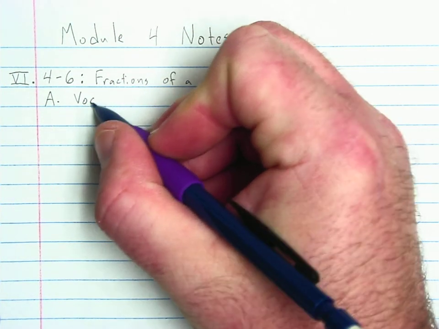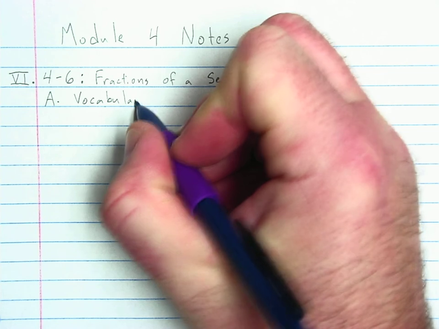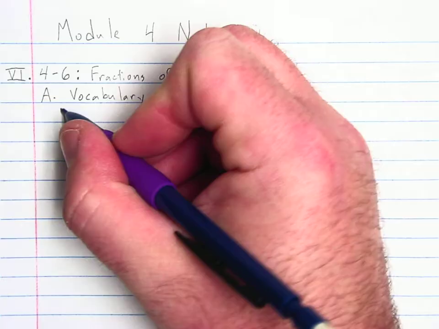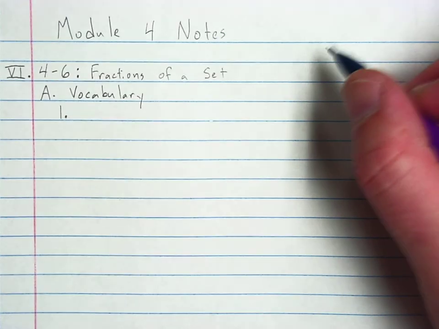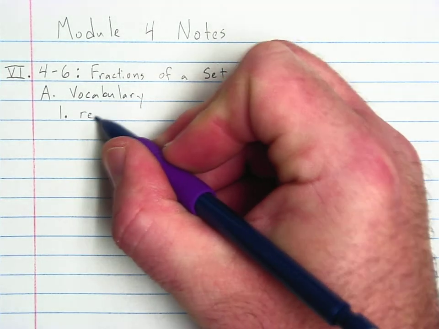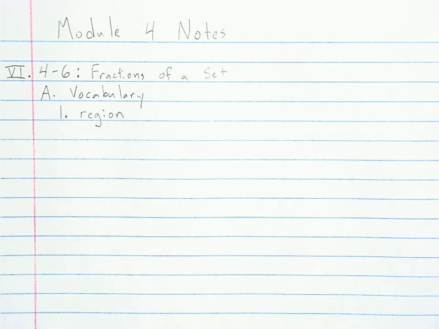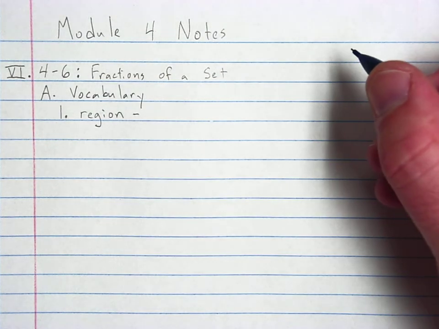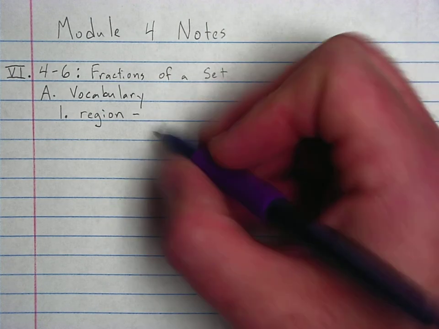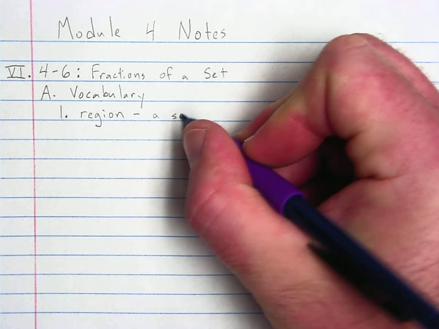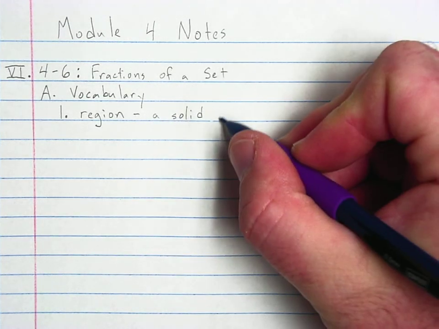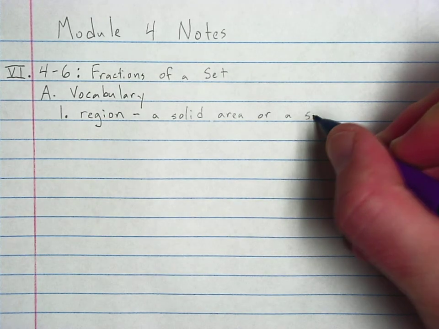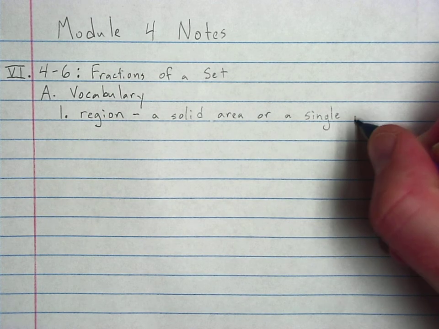And as mentioned, let's review a little bit of our vocabulary here. Up until this point in Module 4, we've been working a lot with regions. In case you're not clear on the term, a region is just a solid area or a single item.